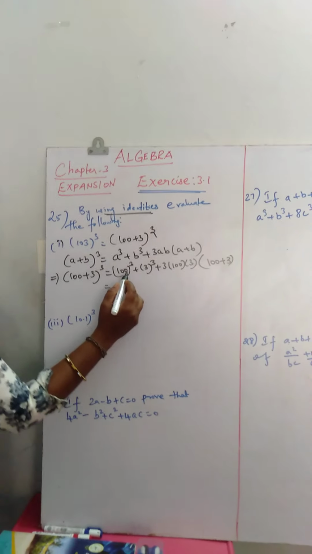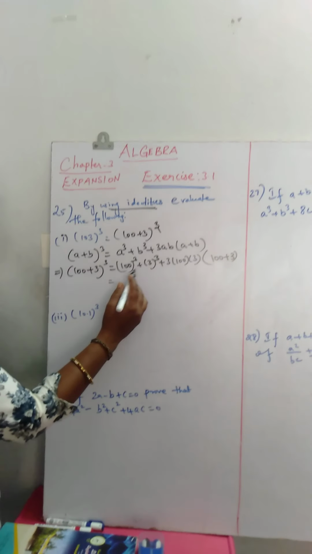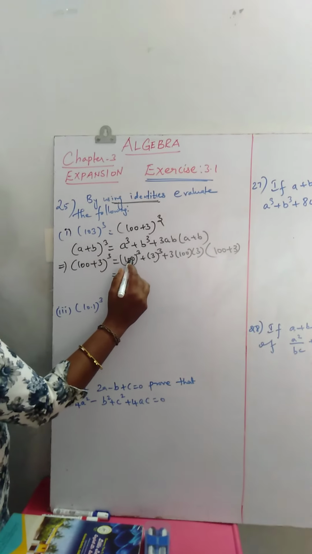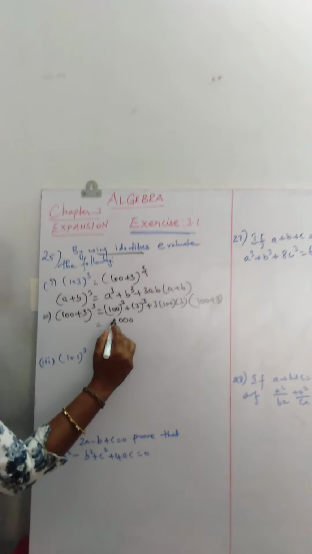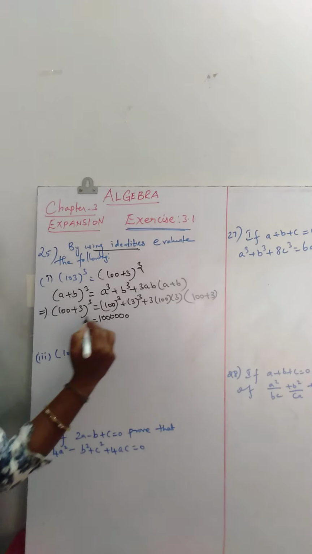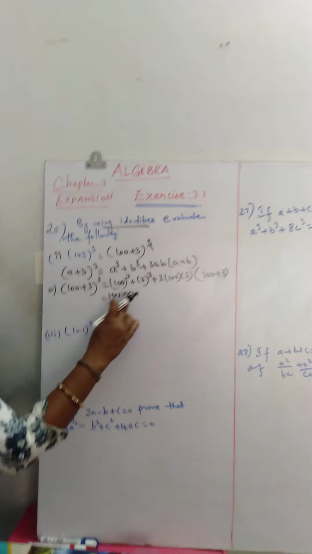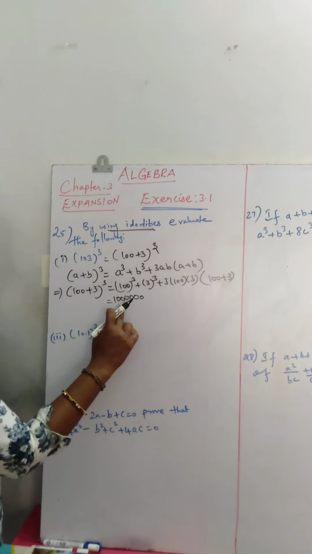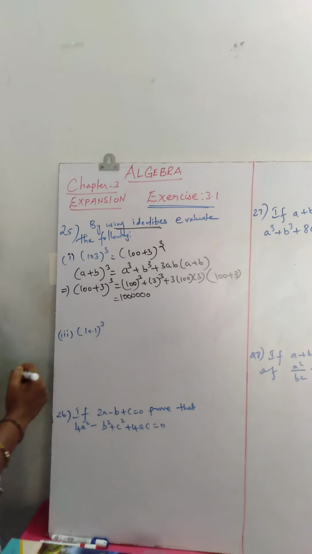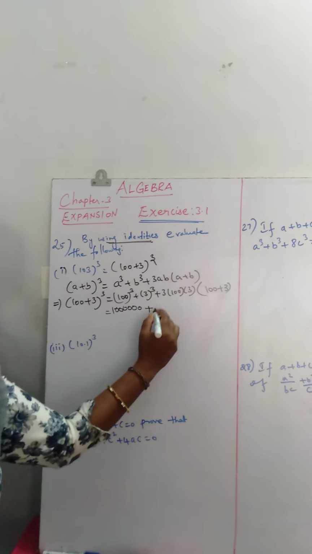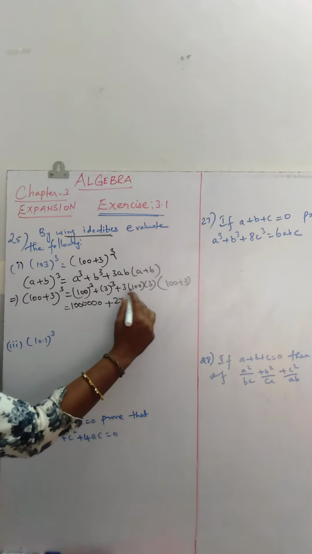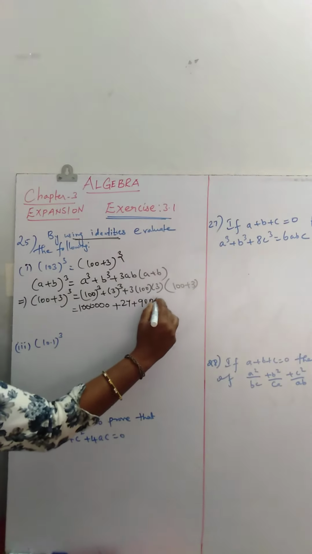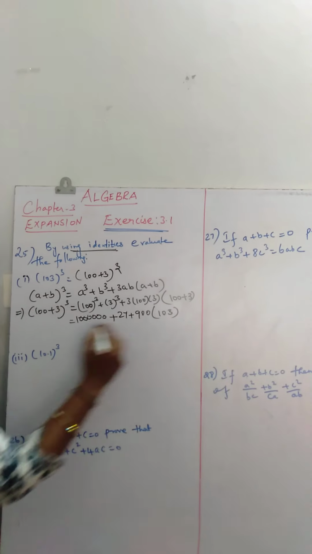The short way for cubing this 100: when cubing, the zeros, we write it 3 times, one more 0 3 times, and 1 cube value is 1. So 3 plus 3, that is 6 zeros, which is equal to 10 lakh. Then plus 3 cube is 27, then plus 3 into 3 is 9, 9 into 100 is 900, then 103.